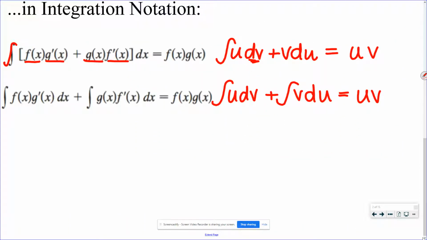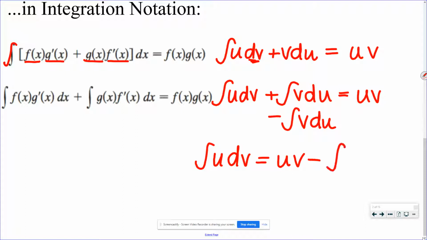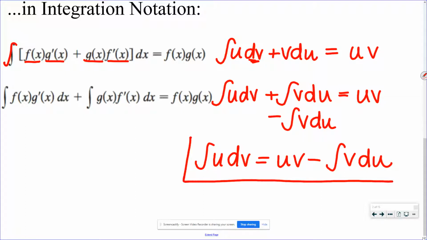So I'm going to subtract the integral of v du on both sides. And here's what I end up with. The integral of u dv is equal to uv minus the integral of v du. That is actually the formula for integration by parts.